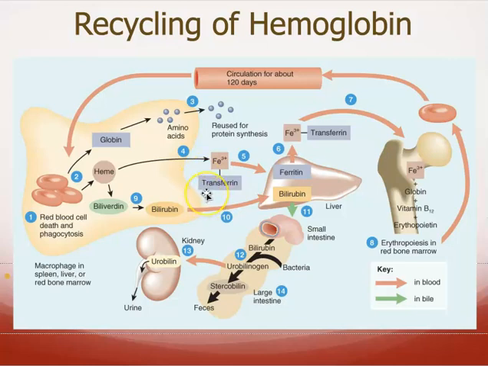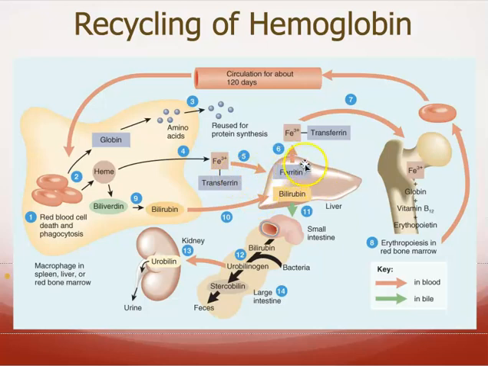The protein that it's bound to is called transferrin. So iron is just ferrous, right? That's the Fe. So think of it as a transfer into the liver, if that's even easier, but it's transporting the ferrous ion.